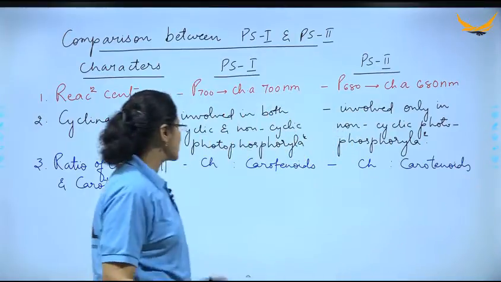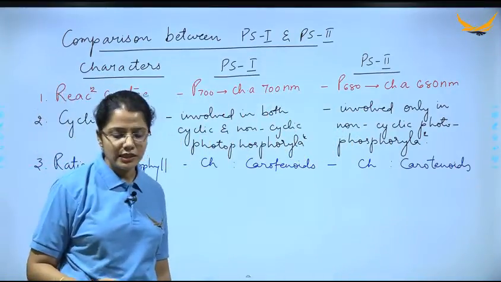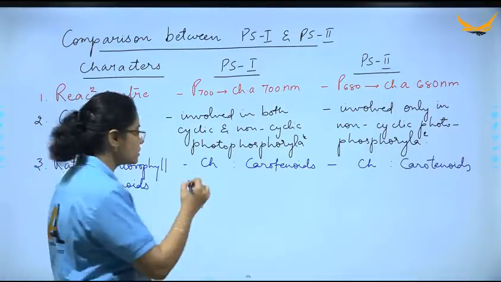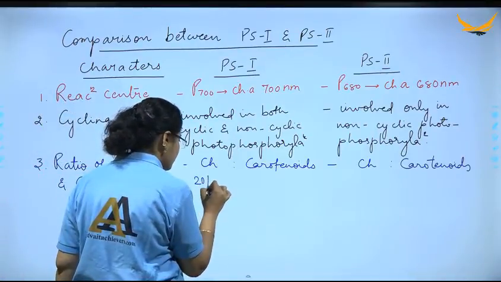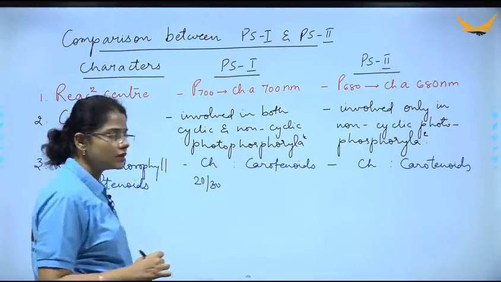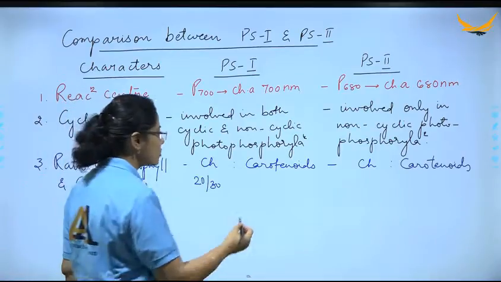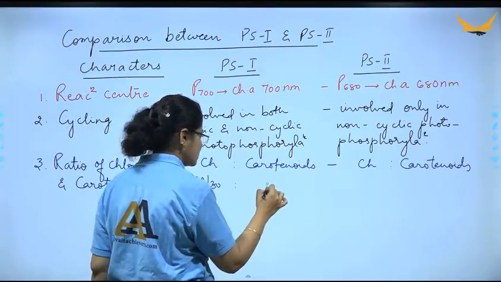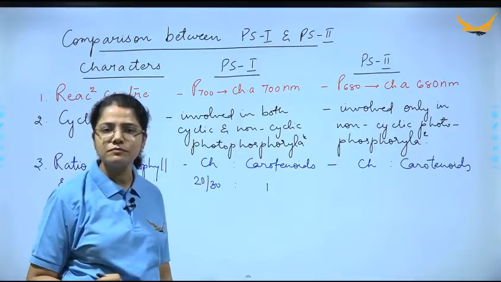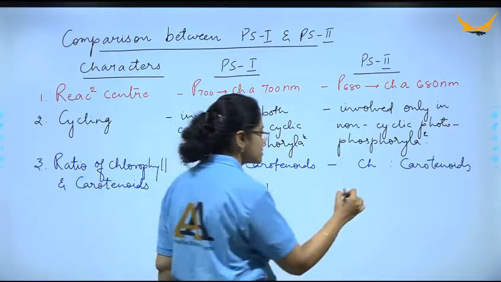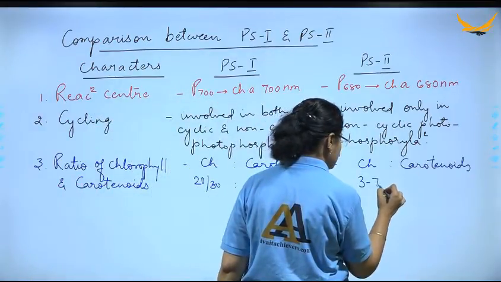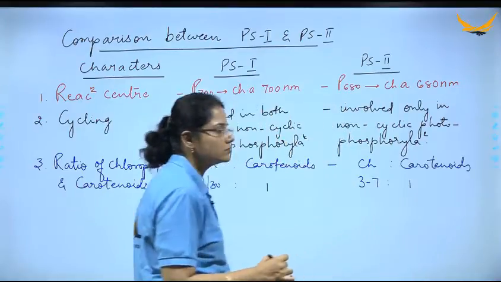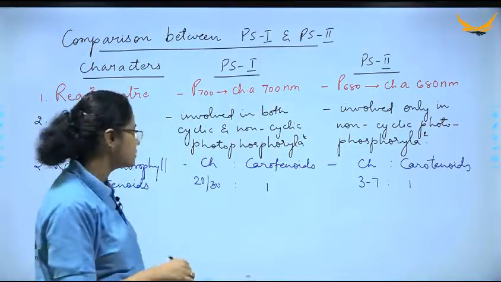So in case of PS1, that ratio is 20 to 30 molecules of chlorophyll and 1 molecule of carotenoid, whereas here it is 3 to 7 is to 1. Right? This is clear?